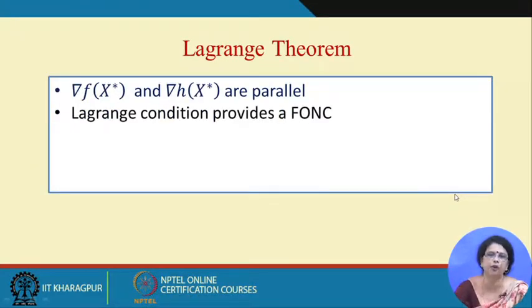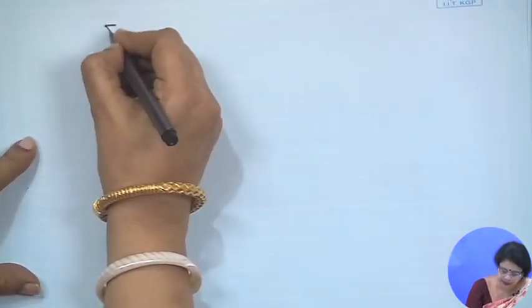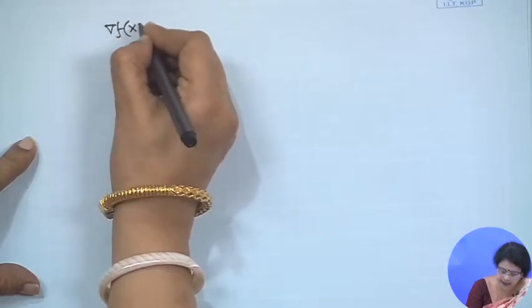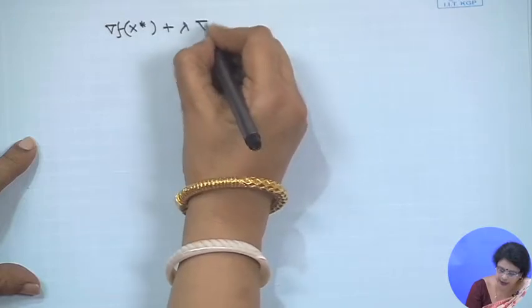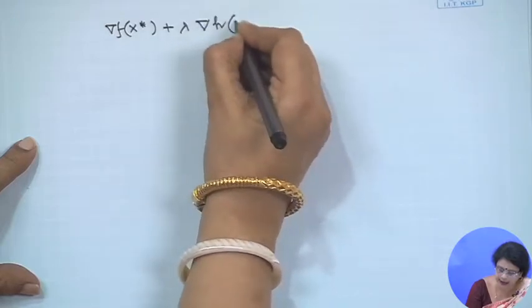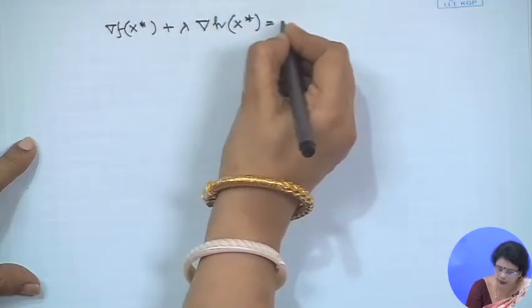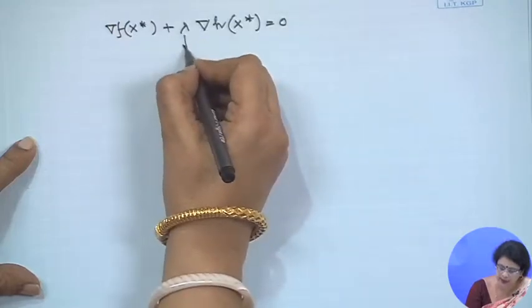Now, there are a few properties. Let me write down the conditions once more: grad of f(x star) plus lambda times grad of h(x star) is equal to 0. Now, lambda is a constant.